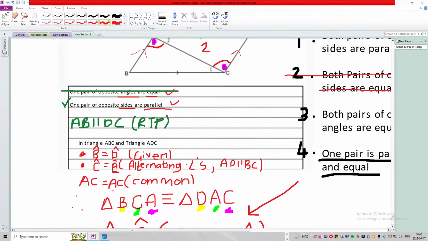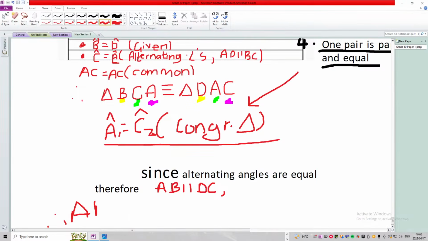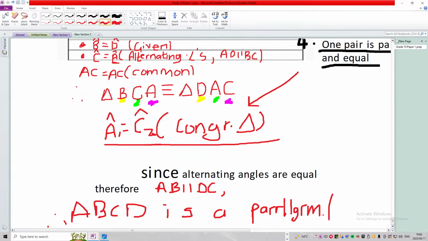Therefore I can now say that ABCD is a parallelogram. Excuse the abbreviation there. Therefore ABCD is a parallelogram.